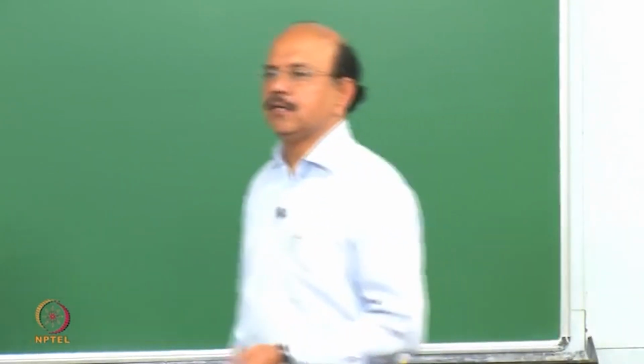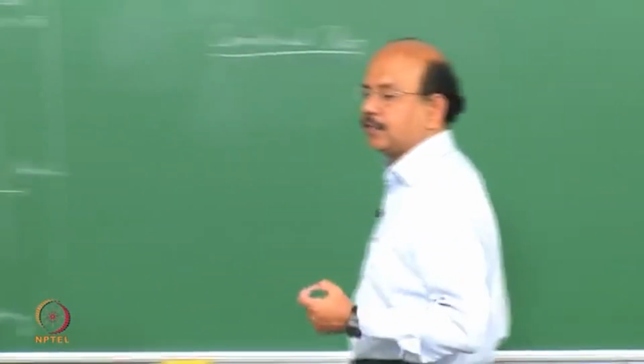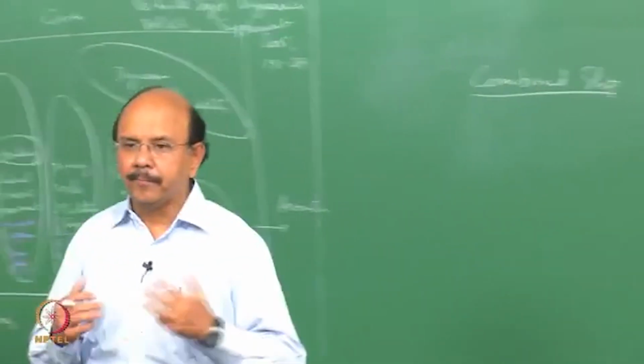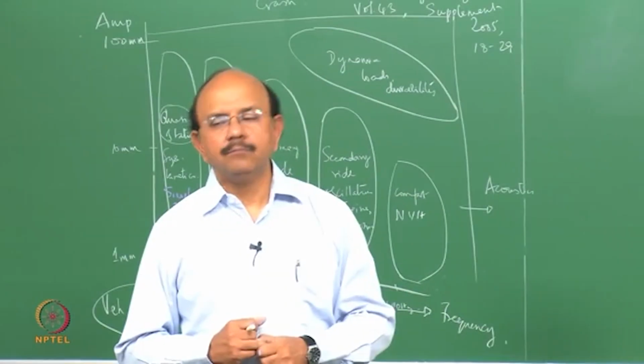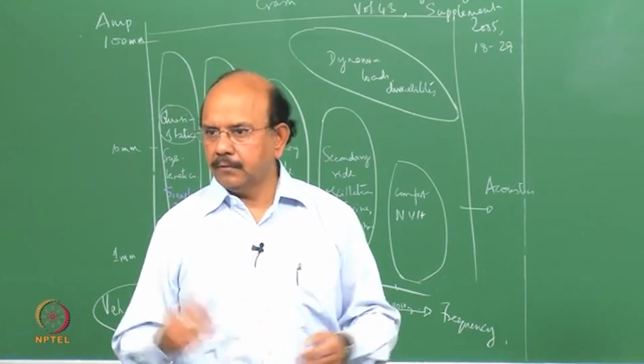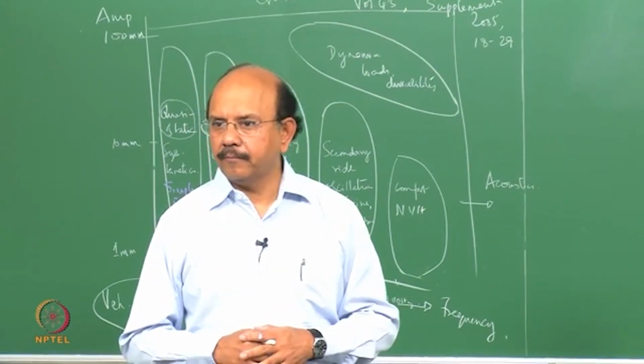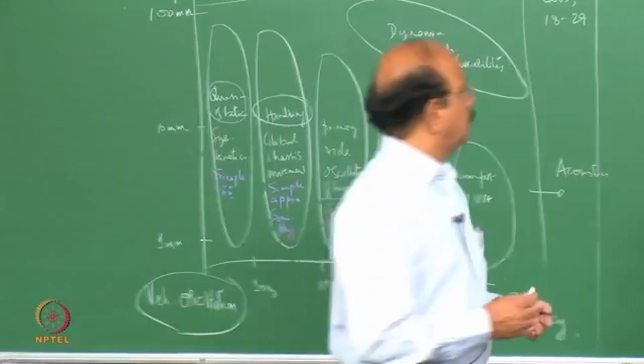In other words, the forces in the longitudinal direction and the lateral direction are going to now compete with each other in order to win over the mu into Fn.